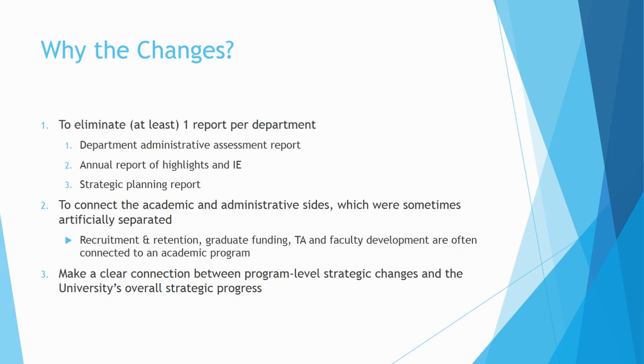Asking for academic areas to report on strategic initiatives is not new, you see. Previously, these strategic initiatives were reported at the department level in a separate document. And at different times, departments were also asked to submit annual department highlights and institutional effectiveness items.